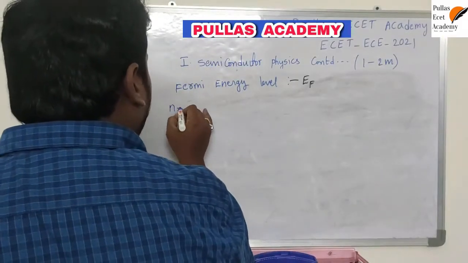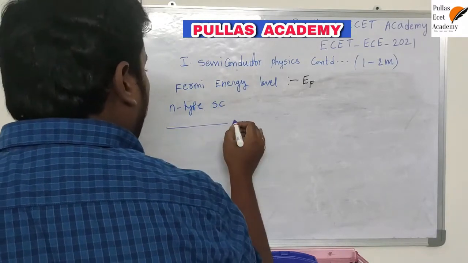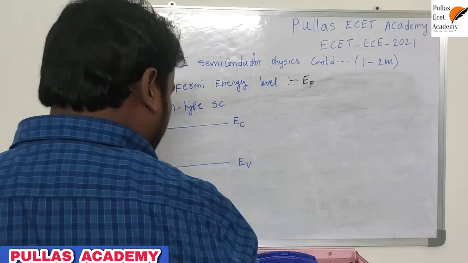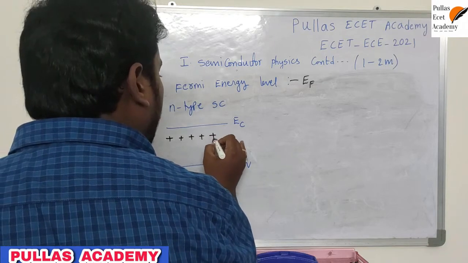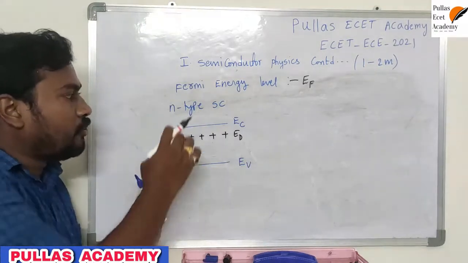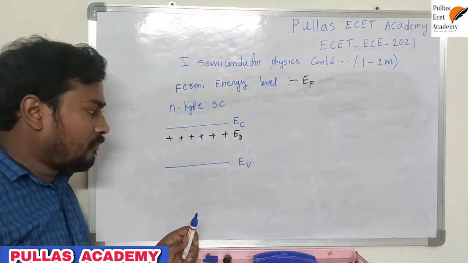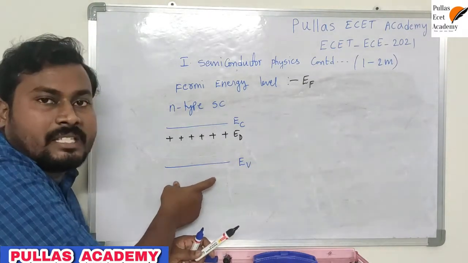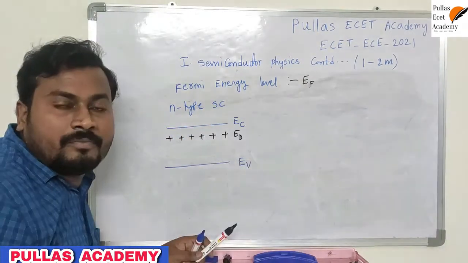Next, if you take an n-type semiconductor, you have one more energy level here, and we have to provide the location for the Fermi level. As I was saying previously, we cannot keep it in the valence band, and we cannot keep it in the conduction band.